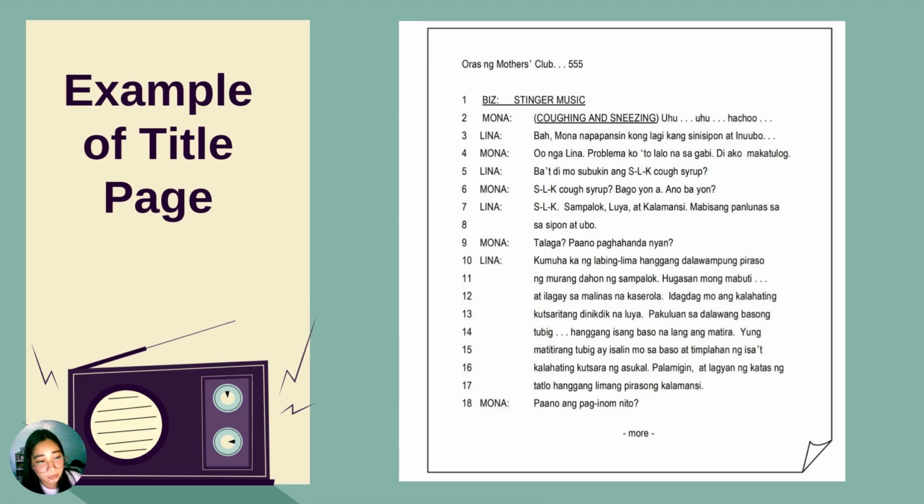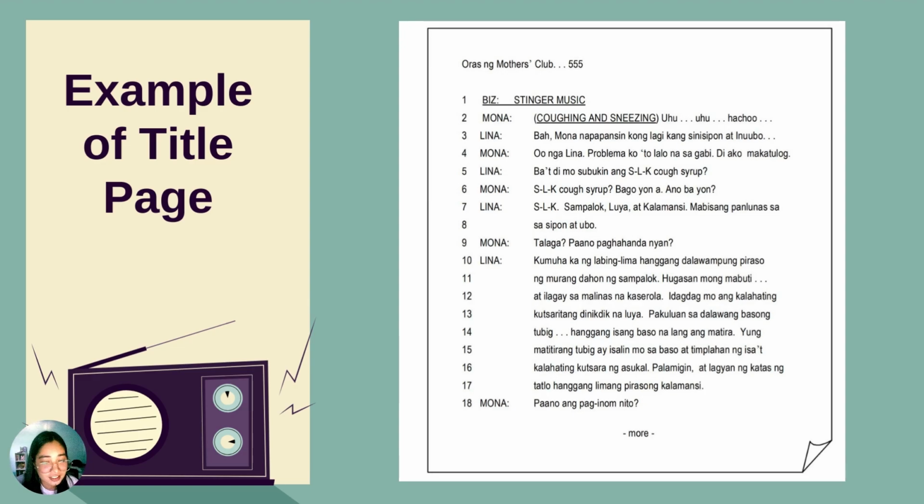We can also see in our example that the name of the speakers or the music is located in the left hand margin of the page, followed by the dialogue or the cues farther to the right on the same line. We also have the numbers on the left hand margin, which is 1 to 18.